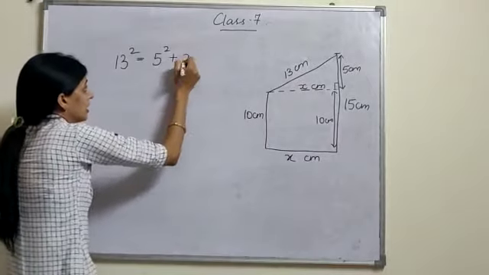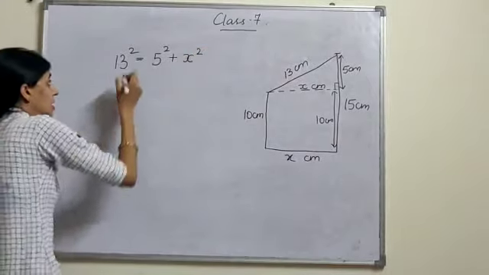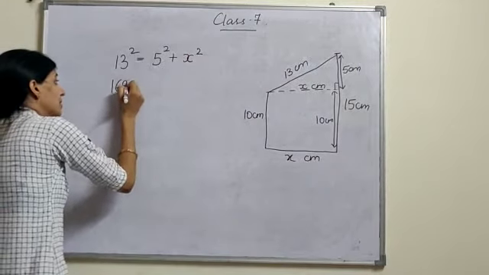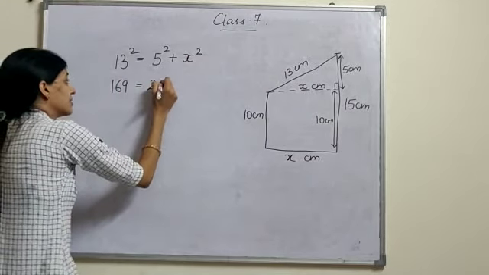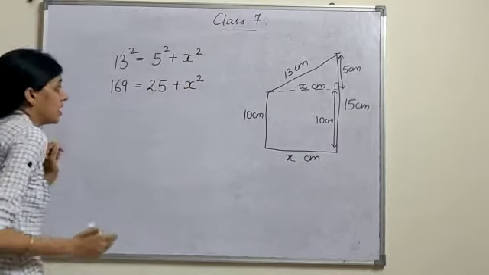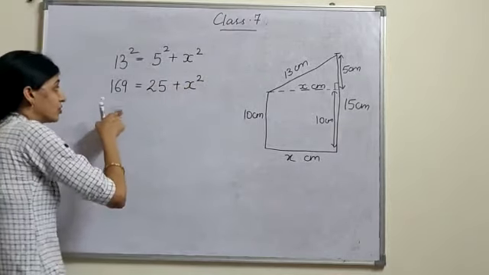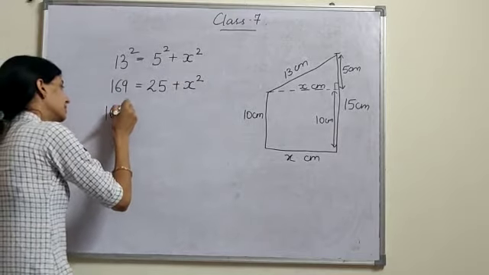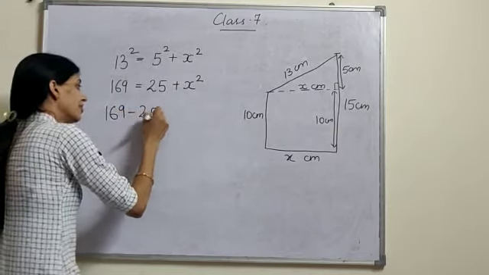Okay, so 13 square is 169, equals 5 square, which is 25, plus x square. When this 25 goes to this side, it becomes minus 25.